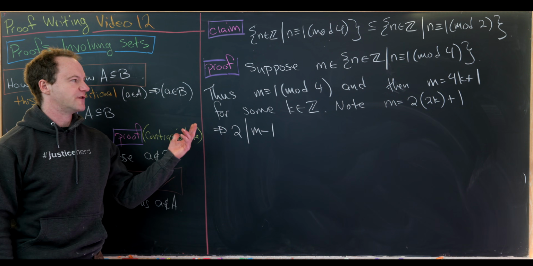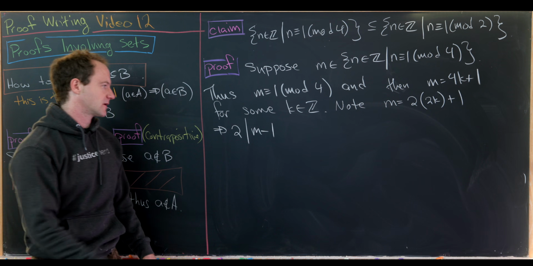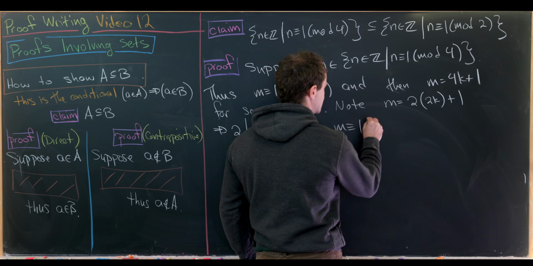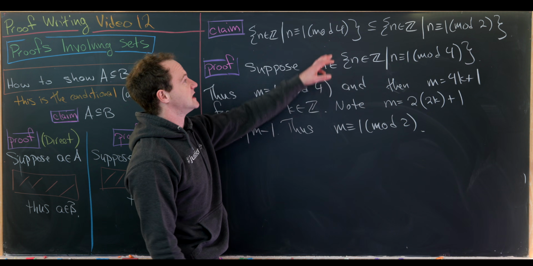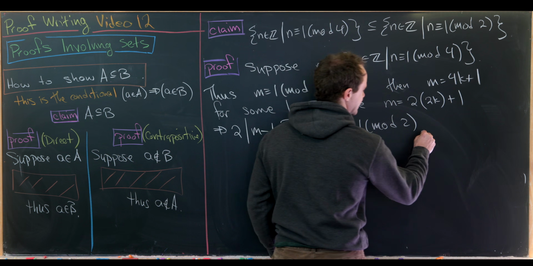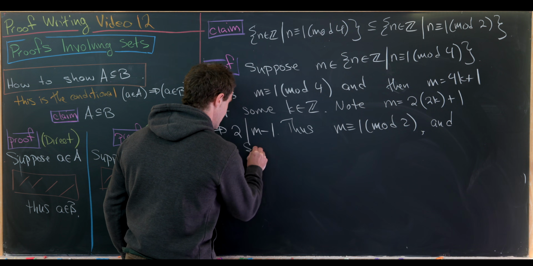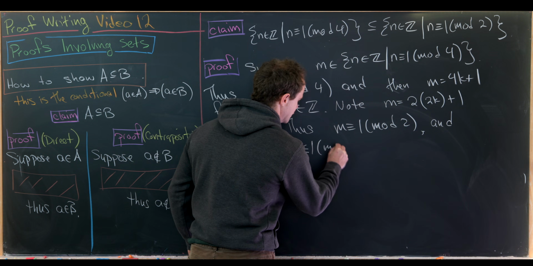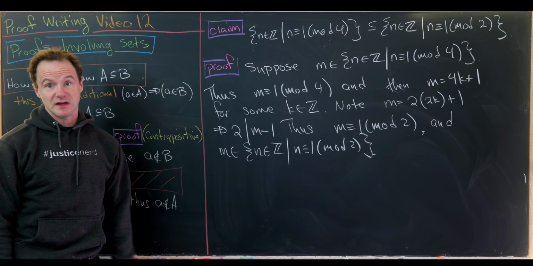Pretty clearly, we can move that 1 over, and then we have m is an even number. Okay, so thus m is congruent to 1 mod 2. But that's exactly what we need for m to be in the set on the right. So maybe we would finish it off with, and m is an element of the set of all integers that are congruent to 1 mod 2. Okay, so that would be this proof.